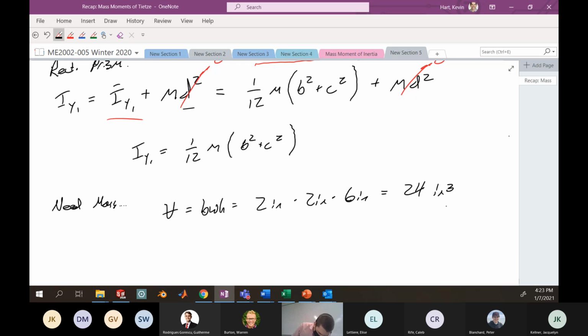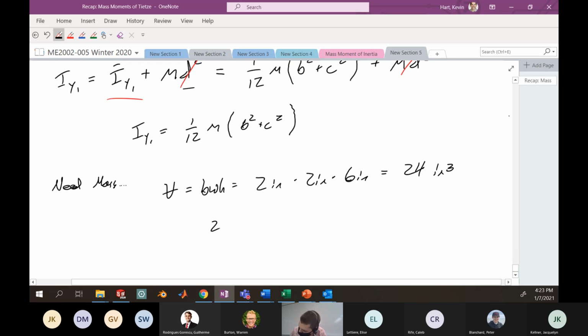We're given our specific weight in terms of cubic feet, so we need to convert here. 1 foot is 12 inches, and I'm cubing this. This is going to give me a volume of my piece of 0.0139 cubic feet.